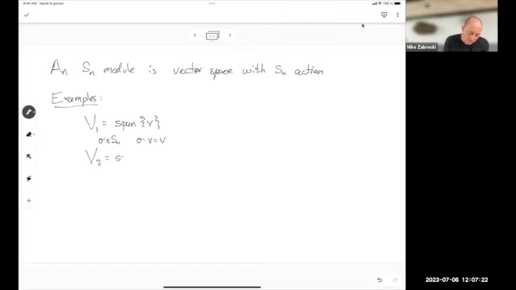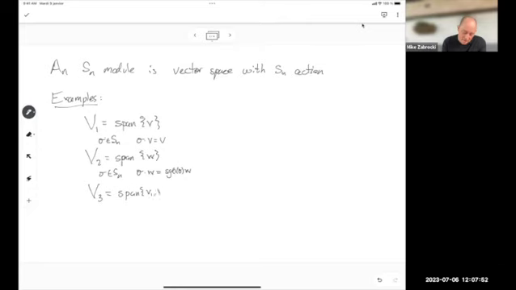Another example is a one-dimensional module again, where sigma in Sn acts on W this time by multiplying by the sign of the permutation. A slightly more complex example is a permutation module.